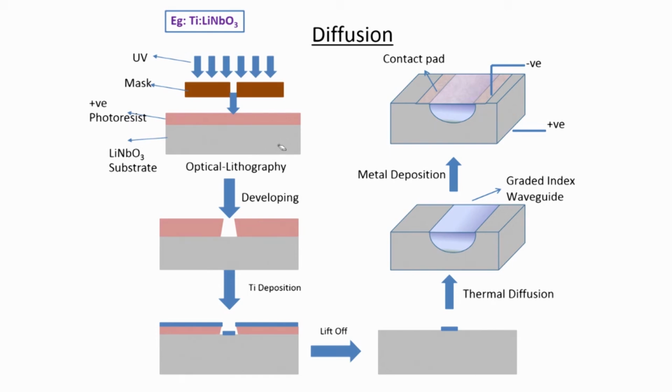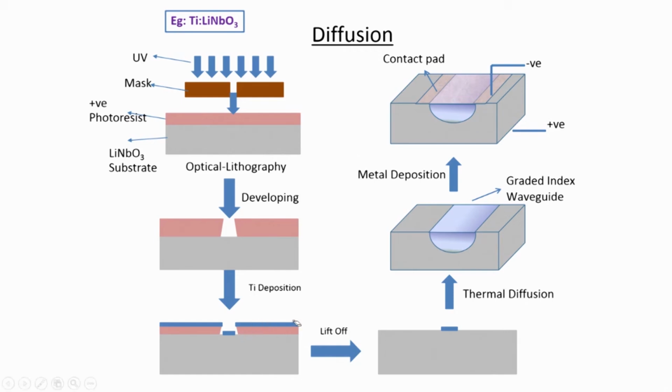You have a positive photoresist uniformly coated on the lithium niobate by spin coating or some other process, and then you have a mask and expose the photoresist to ultraviolet radiation. Then of course, we have to develop this photoresist, and then you deposit a layer of titanium.